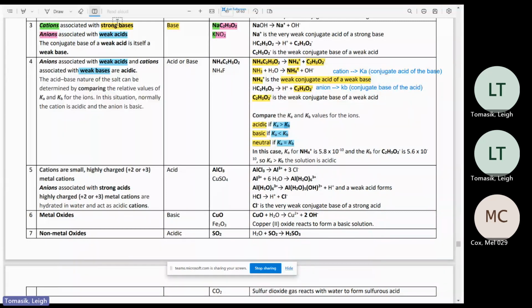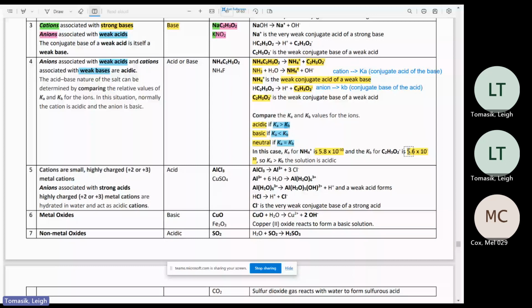So it says in this case, the Ka for NH4 is 5.8 times 10 to the negative 10. And the Kb for C2H3O2 is 5.6 times 10 to the negative 10. So the Ka is a bigger number than the Kb.